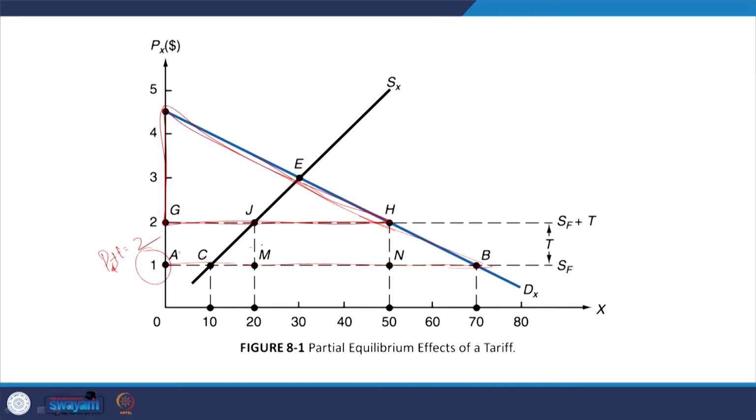So, this whole area is the loss of consumer surplus, whereas producers gain by this trapezium area, and the deadweight loss can be easily explained by this area. This bigger trapezium area, JCBH, is the loss of consumer surplus after deducting producer surplus, but there will be gain in the area.